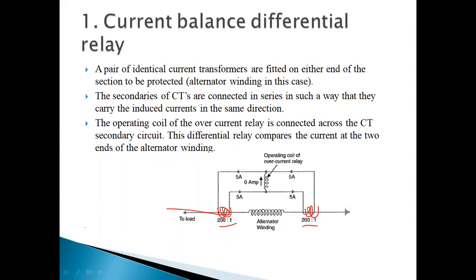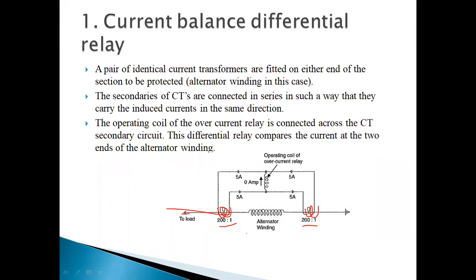And these two current transformers are the same. Here, for example, this alternator winding is given, means consider that there is an alternator protection. This end is connected to the load and the other end is connected to the ground.